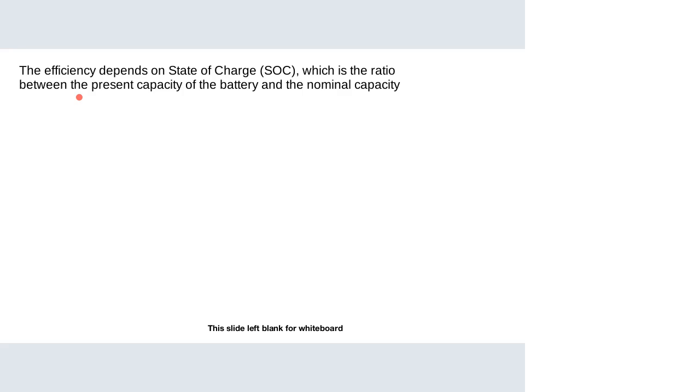We said nominal capacity is the Q max, and the present capacity of the battery is abbreviated as Q. So SOC is given by Q over Q max. SOC equals Q all over Q max, where Q is the present capacity and Q max is equal to the nominal capacity.